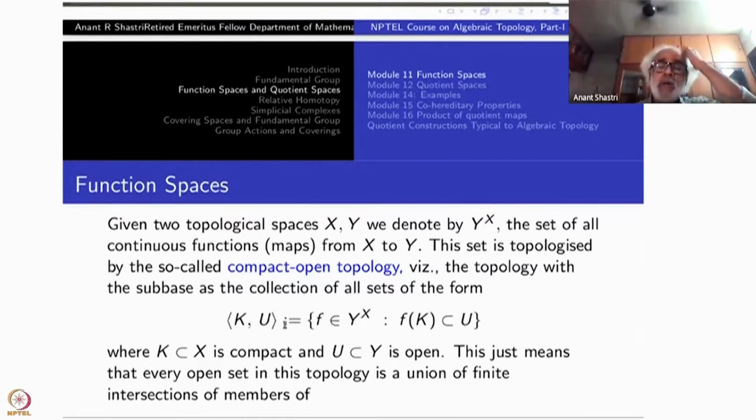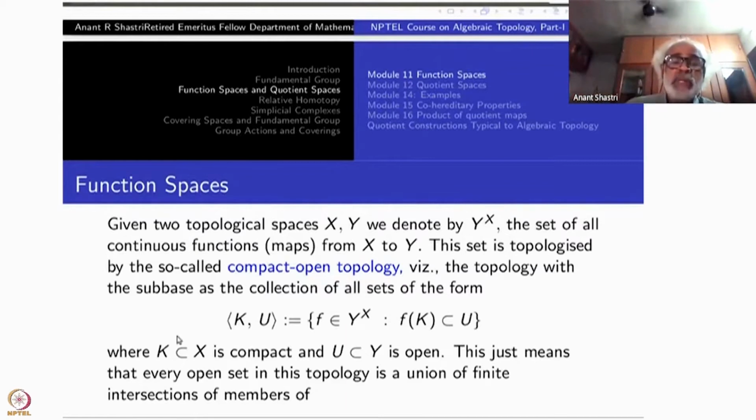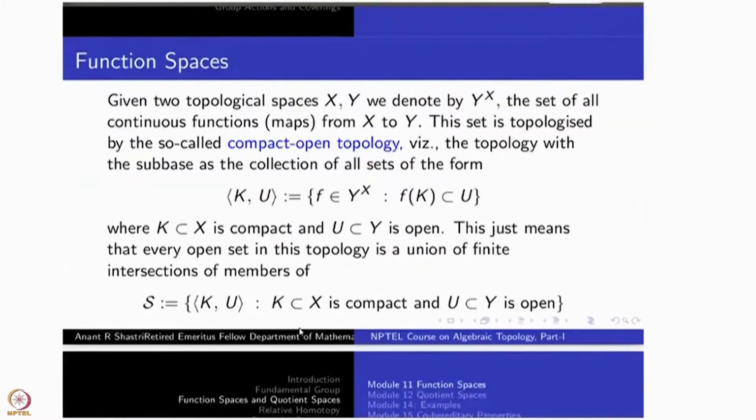Thus, the topology on this Y power X is such that any open set is an arbitrary union of finite intersections of members K1 U1, K2 U2, and Kn Un. The Ki's are compact and the Ui's are open. So this is the topology.